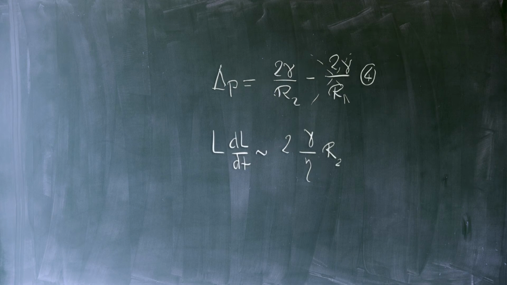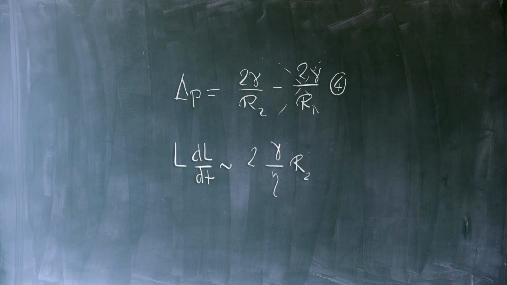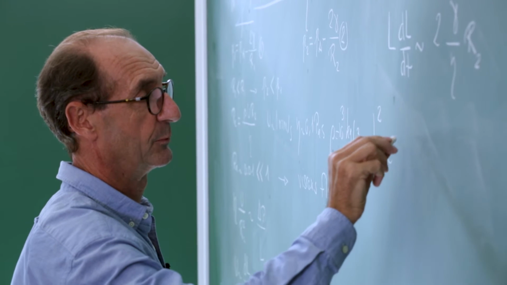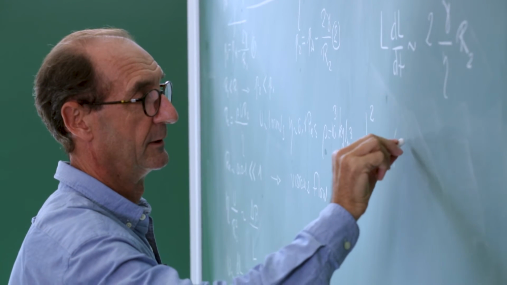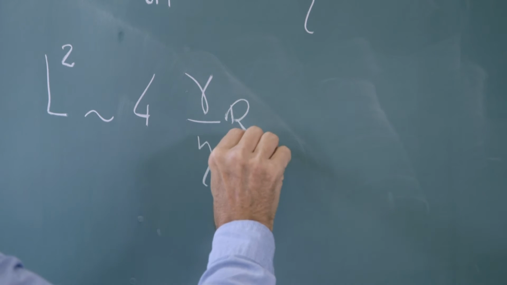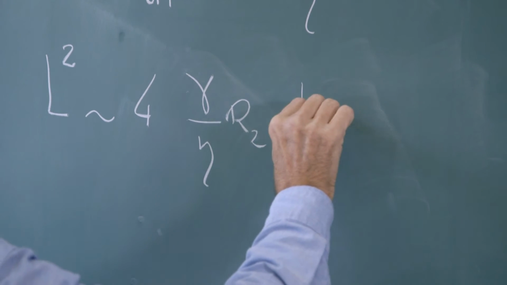So we get a differential equation for L that we can integrate easily. From this, we get that the square of L is proportional to 4 times gamma divided by eta multiplied by R2 and multiplied by t.